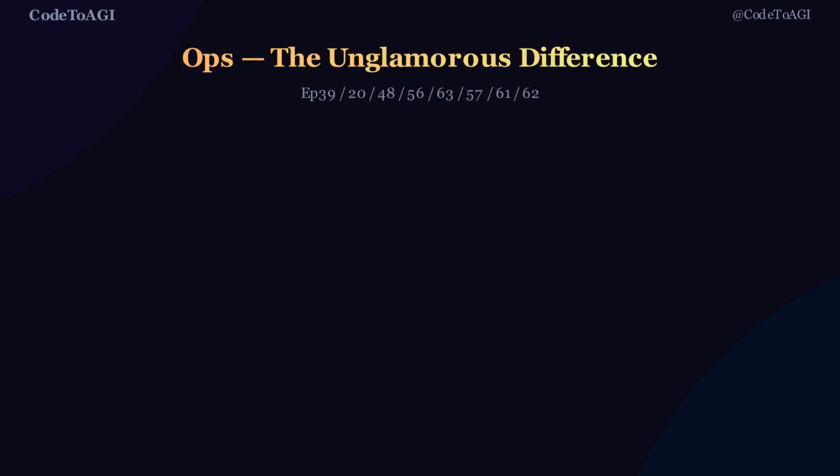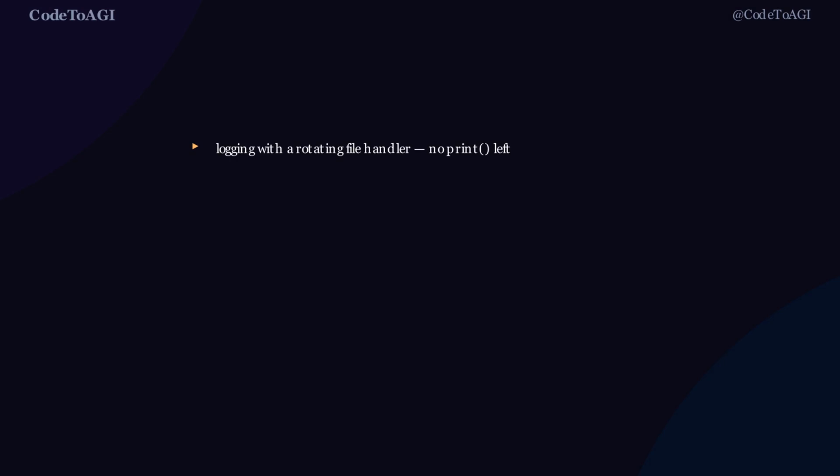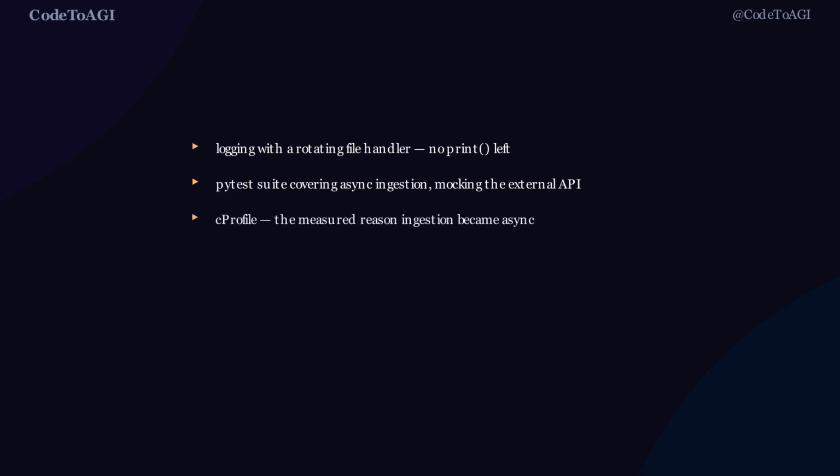Last failure: the system worked, but nobody could tell why it was slow, or trust that it still worked at all. Every print statement became a logging call with a rotating file handler, nothing scrolls off into nothing. A pytest suite covers the async ingestion path too, mocking the external API so tests never depend on it being up. cProfile is what actually caused the async rewrite, not a guess, a measured bottleneck.